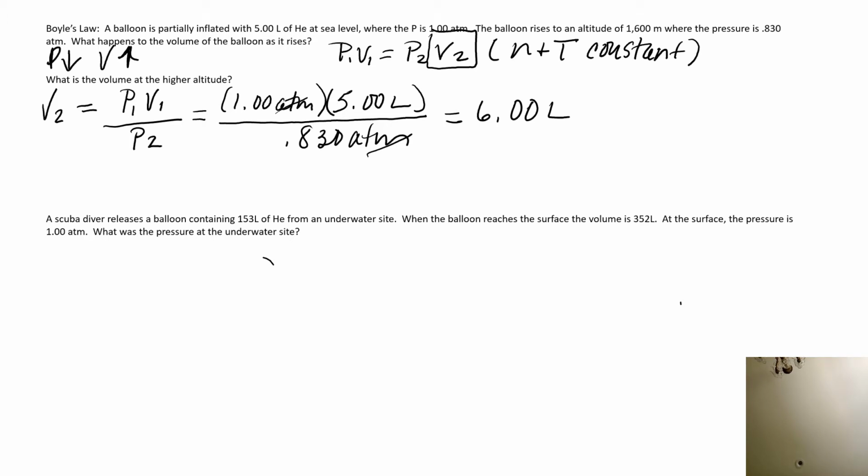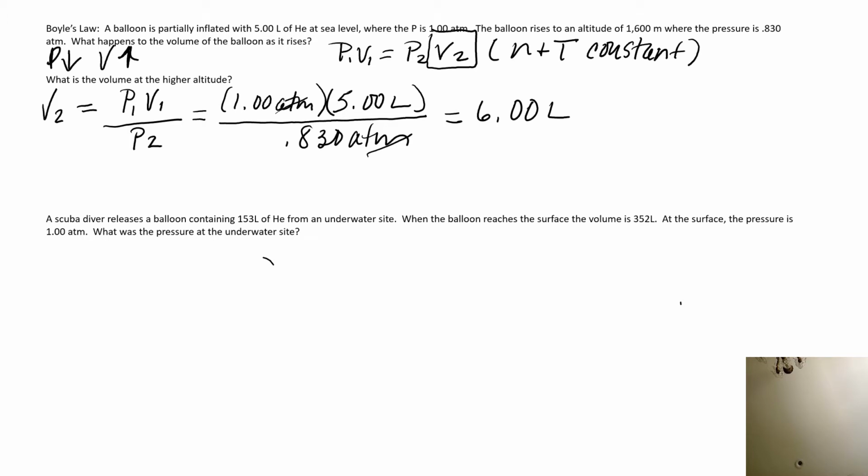Second example, we have a scuba diver releasing a balloon containing 153 liters of helium from some underwater site. When the balloon reaches the surface, the volume is 352 liters. It doubled, or more approximately doubled. At the surface, the pressure is 1 atmosphere.